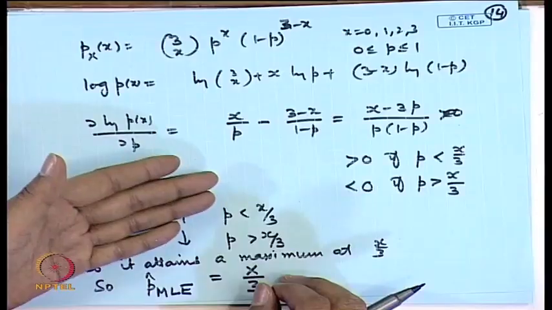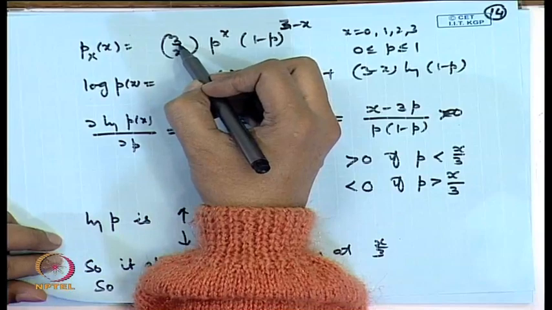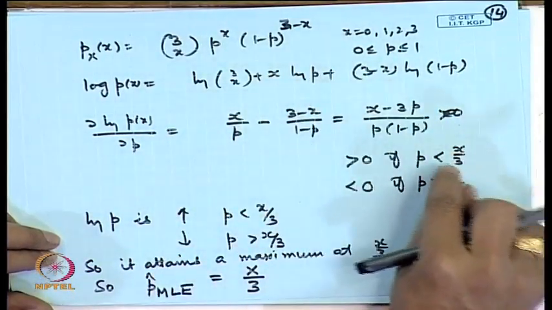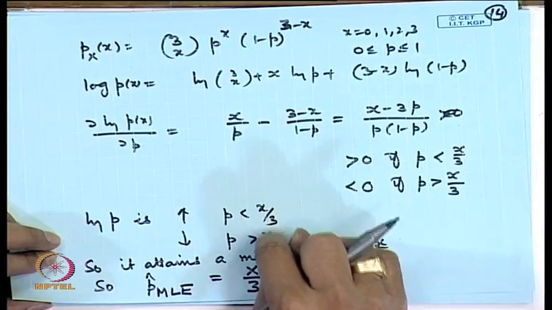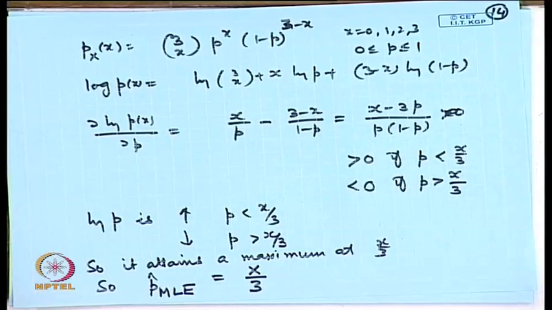So, nothing you can say unreasonable here, and in fact this seems to be quite a general method now. So, in place of 3, if I had n here, then the only change would be that I would have got x by n, which actually matches with your method of moments estimator. It was also an unbiased and consistent estimator.